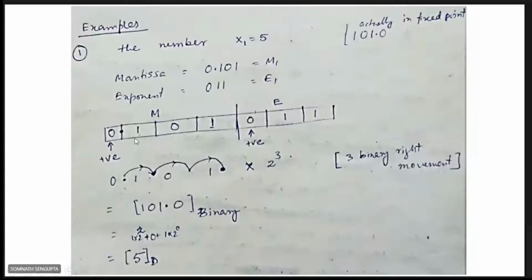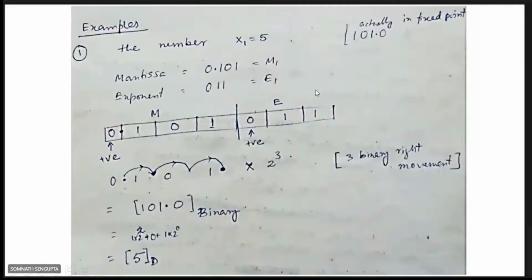So there are a total of 7 bits: 1, 2, 3, 4, 5, 6, 7. These 7 bits represent the floating point representation for the number 5.